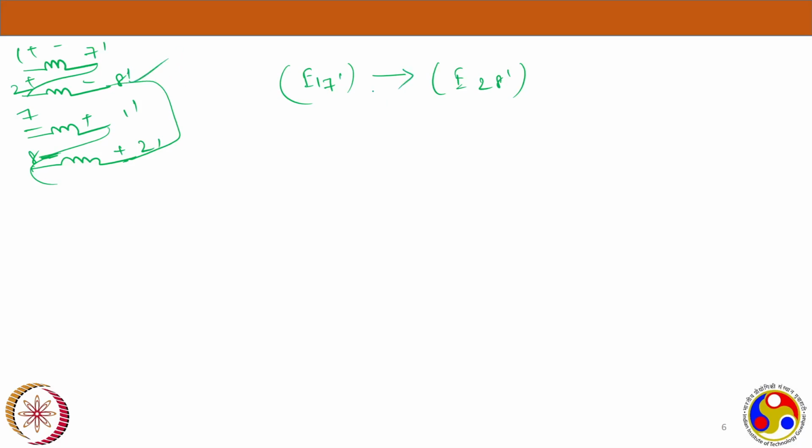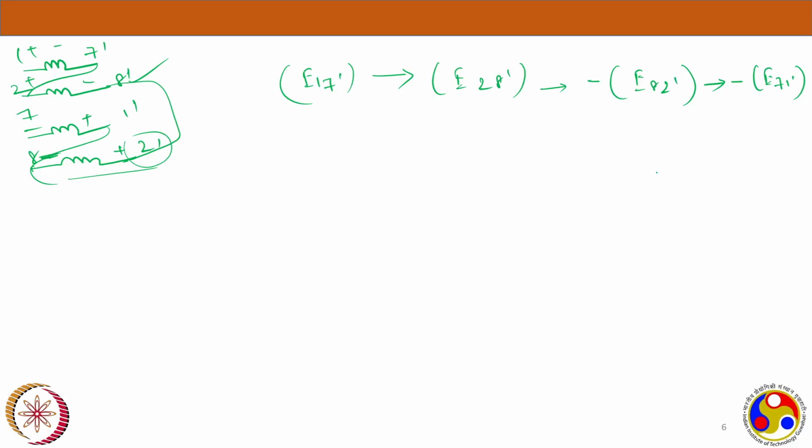This is the E28 dash. Then I connected to the 2 dash end of 82 dash. That means I have taken the negative of 82 dash. Now I have connected this to the negative end of 71 dash. It is connected to 1 dash, that means the reverse polarity. I have taken the negative and then connected. So this is my connection.